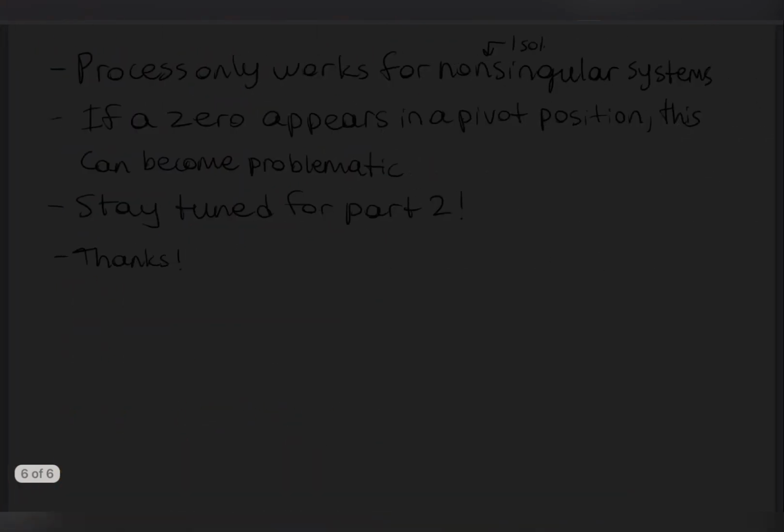Okay, so something to keep in mind. This process only works for non-singular systems. Non-singular means that there's only one solution. And there is further Gaussian elimination theory, and I will explain that in a later video, so stay tuned for part 2.